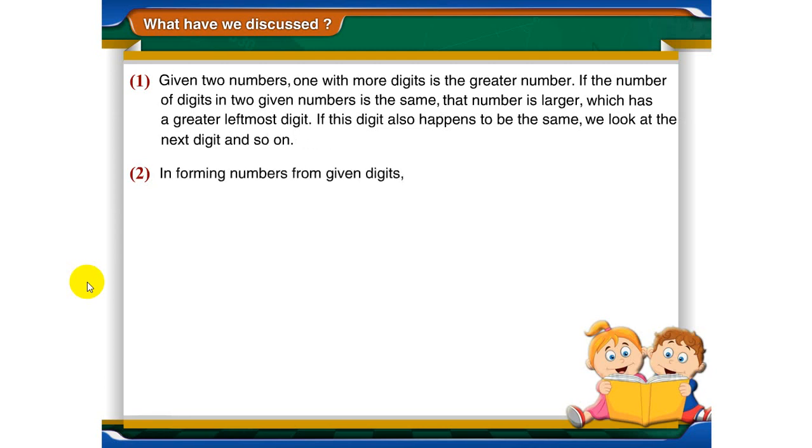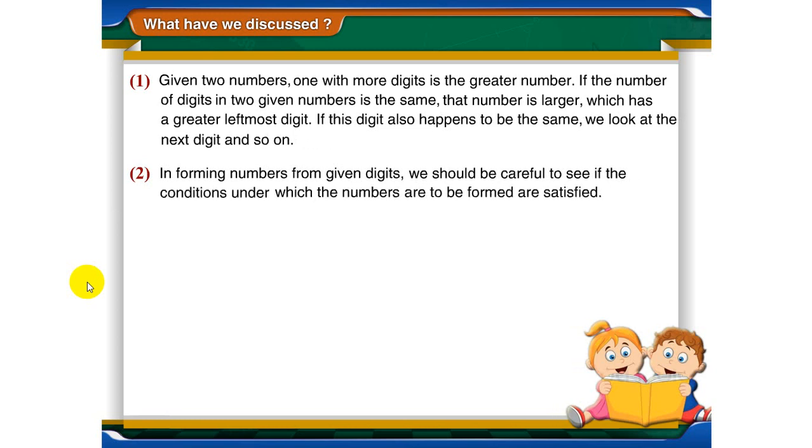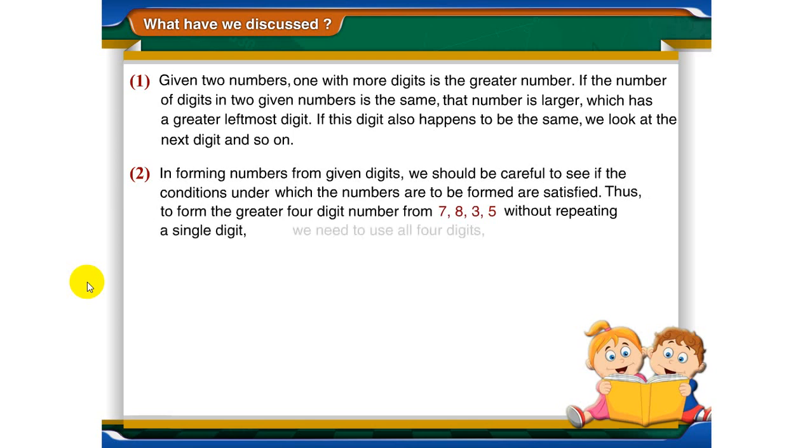In forming numbers from the given digits, we should be careful to see if the conditions under which the numbers are to be formed are satisfied. Thus, to form the greatest 4-digit number from 7, 8, 3, 5 without repeating a single digit, we need to use all 4 digits. The greatest number can have only 8 as the leftmost digit.